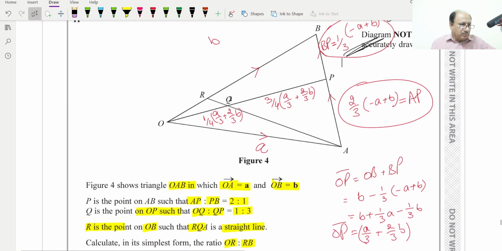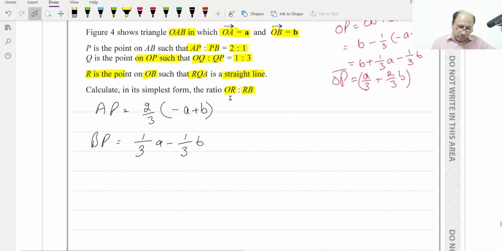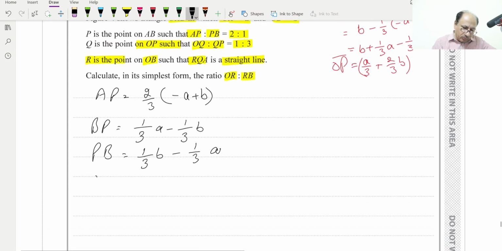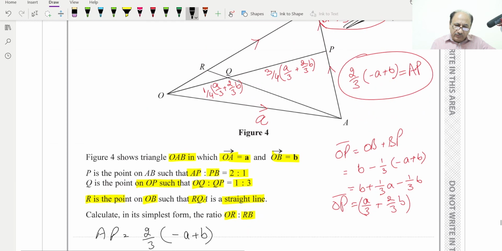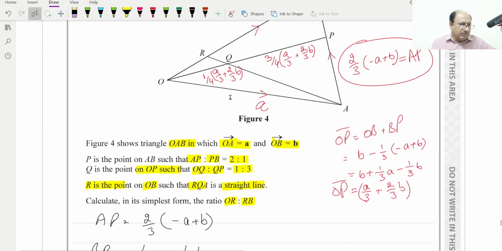Then we can write PB also. PB will be equal to 1 by 3B if we change sign, and 1 by 3A. And OP also we can write, OP is what? We have written over here, we will combine these two. So this will be A by 3 plus 2 by 3B.